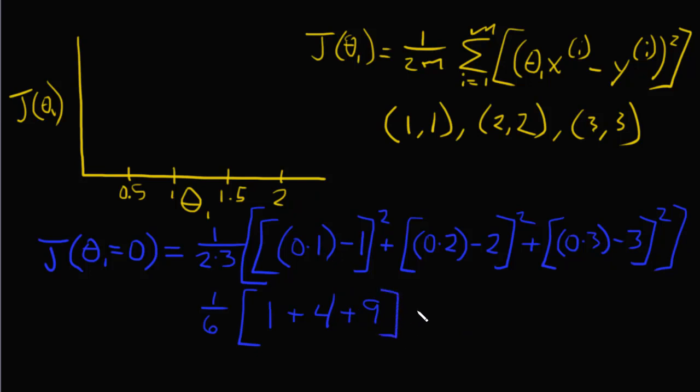Okay? So I'm going to wind up with 14 over 6, which is approximately 2.3. Okay? So for theta 1 equal to 0, which is the value right here, I am going to place a point, my cost function.